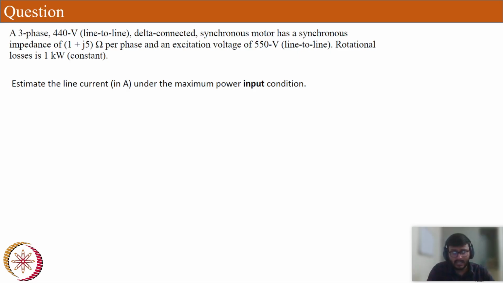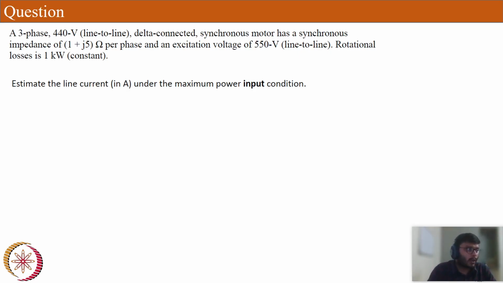So here we can see the resistance is 5 times less than the reactance, but the resistance still is very high. Anyway, we are provided with the per phase impedance and also the excitation voltage, that is 550 volts line to line.